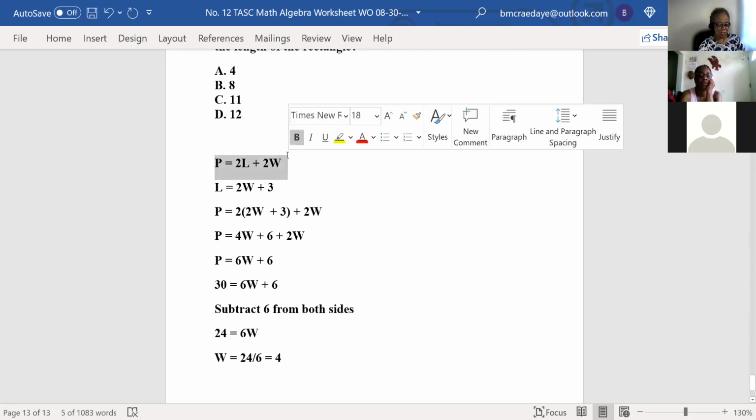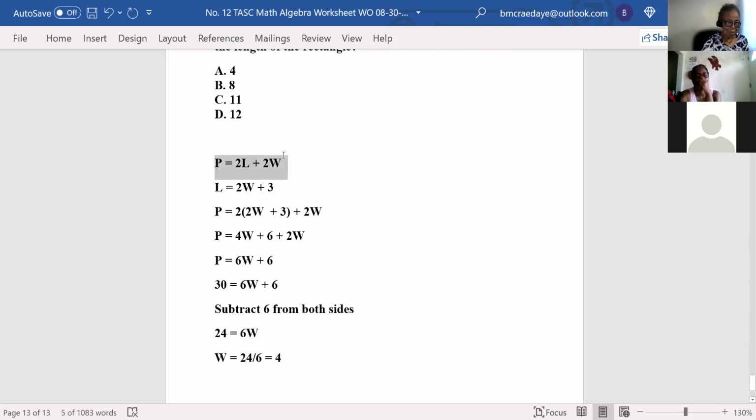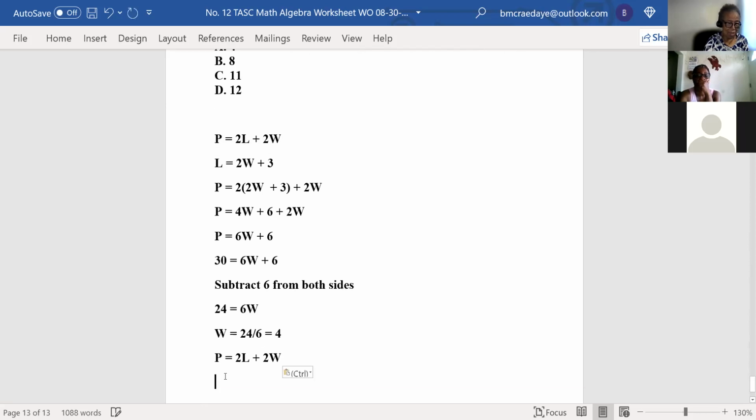Take this equation, put the value of W in there and solve for the length. What do you get? So you put that there, because W is 4, right? So we're going to put the 4 here. Substitute 4 for W. And the perimeter was 30.